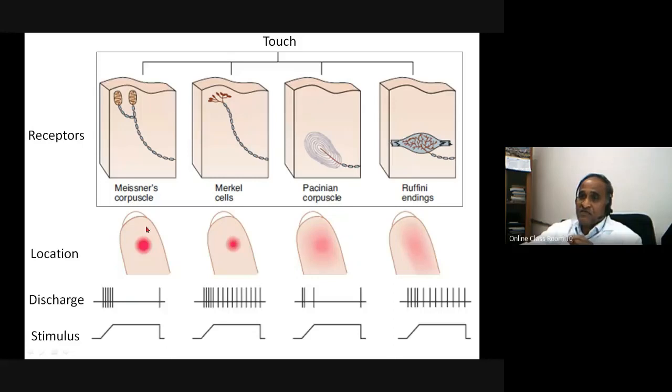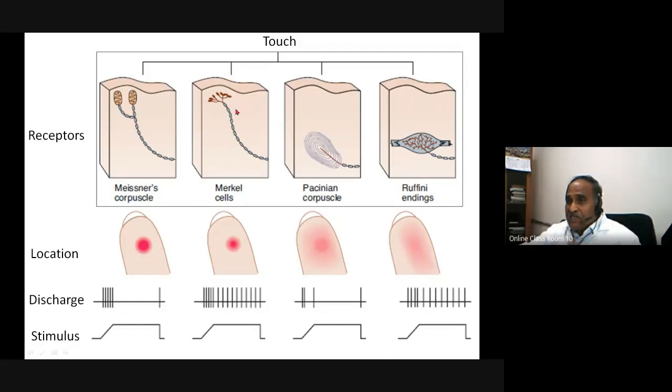So that means these are rapidly adapting receptors. This is one property of these Meissner's corpuscles. You can see that they are used for identifying texture. And the hair follicle movements are used for identifying the movement.